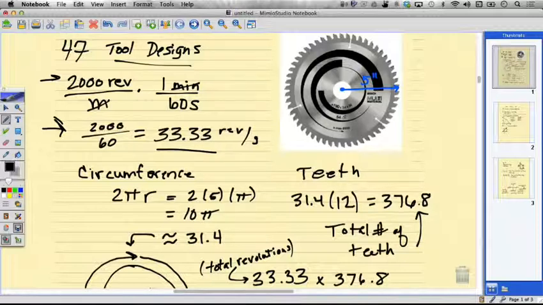So what's the next question that you need to ask? How many teeth are on the blade itself? If that blade just spun around 1 time, then every single tooth would have passed through that piece of wood or whatever you're cutting. Well, how many teeth are on my saw blade? You have to figure out what's per inch and then multiply it. Good.